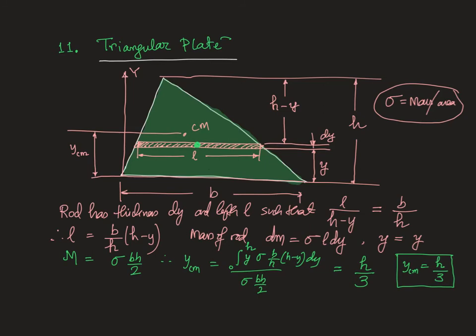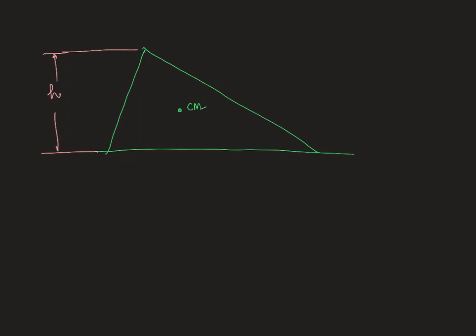If you have a triangular plate like this, and this is the center of mass of the plate, say this height is h, then from this base the height is h by 3.